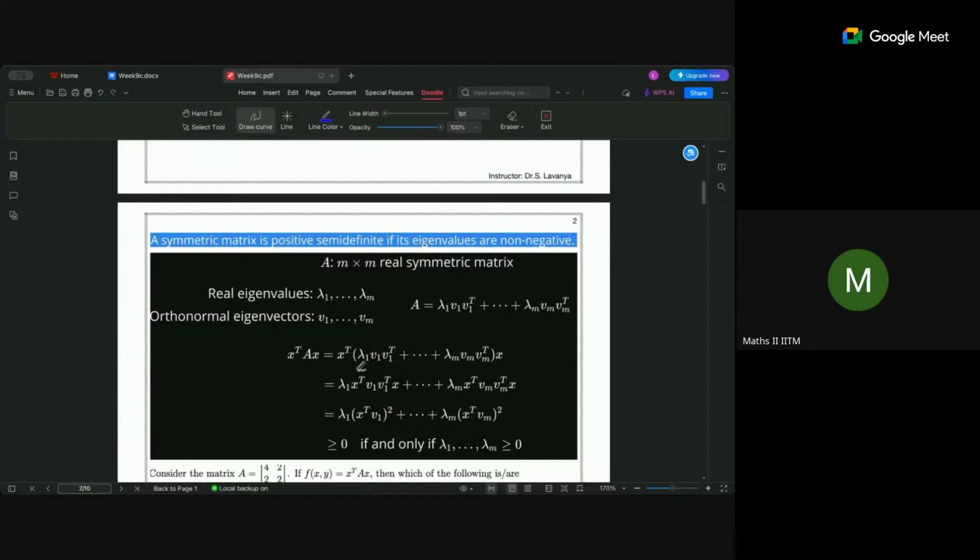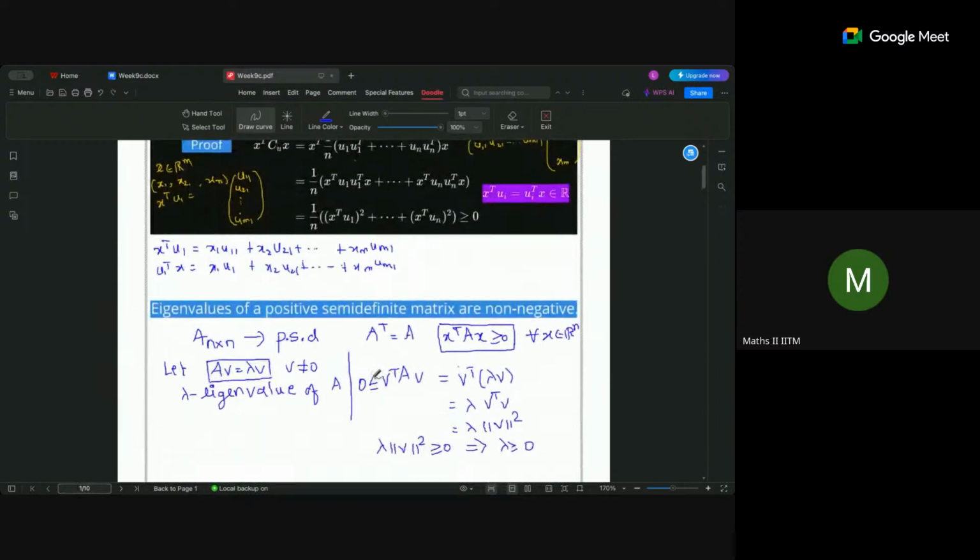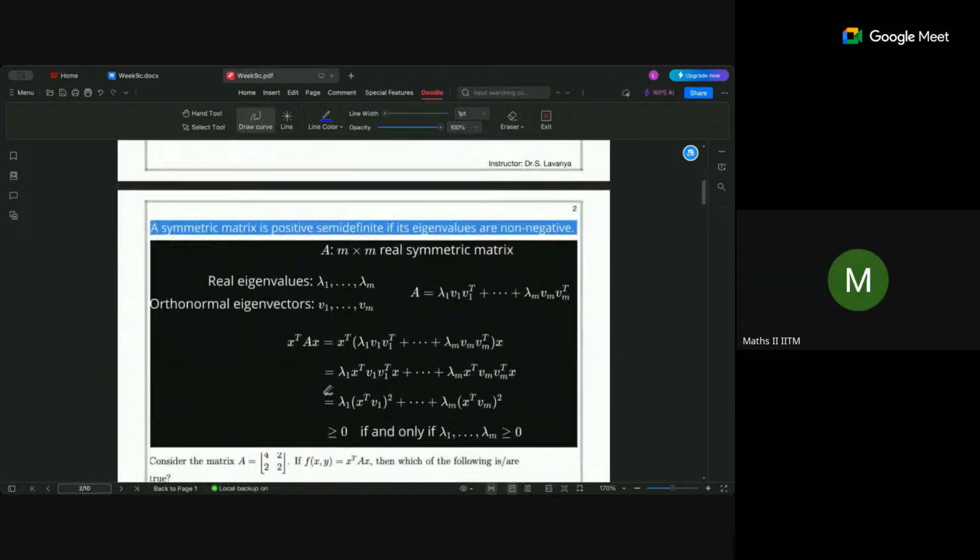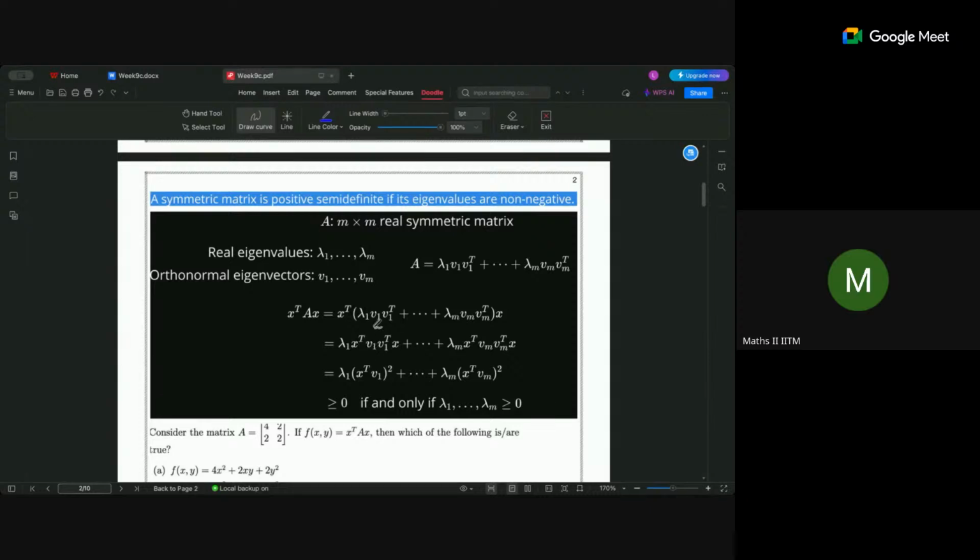So x transpose Ax is x transpose times this decomposition times x. Now x transpose and x multiplied to each of these individual matrices inside will give you exactly the same argument like we applied here. So the same structure is here. So we can replace it with x transpose v1 square and so on. And so you see that each of these terms is non-negative. And you know that if the eigenvalues are non-negative, then this entire term is going to be non-negative, and vice versa also.